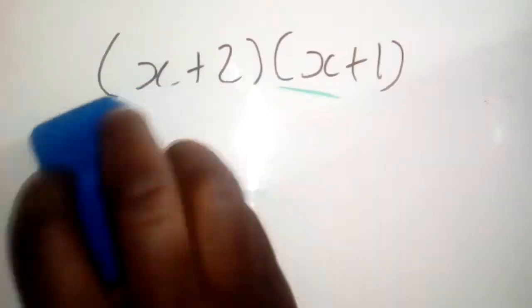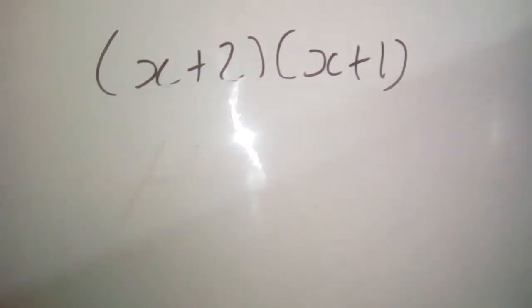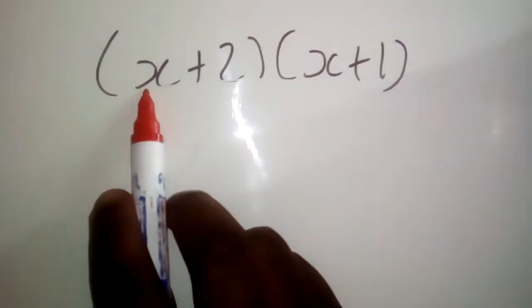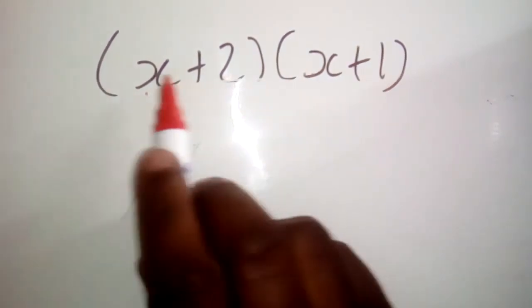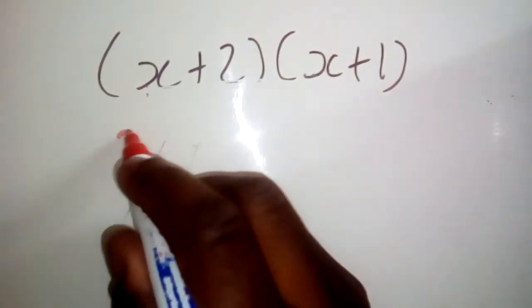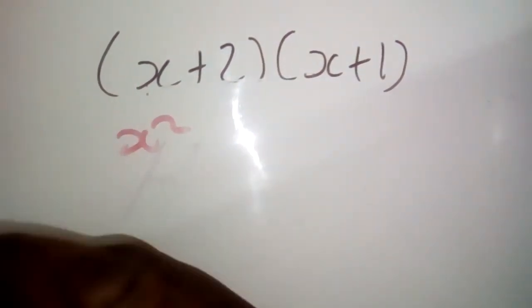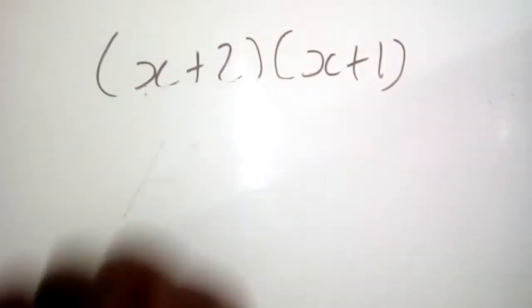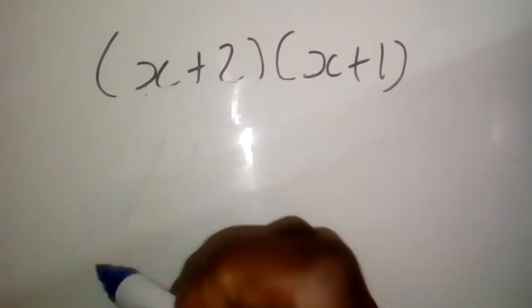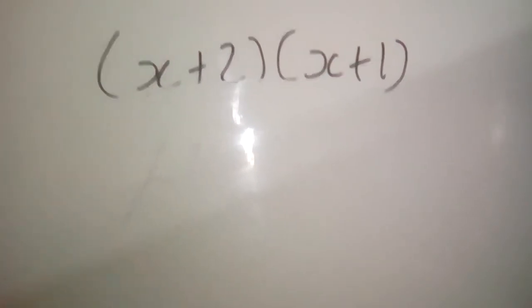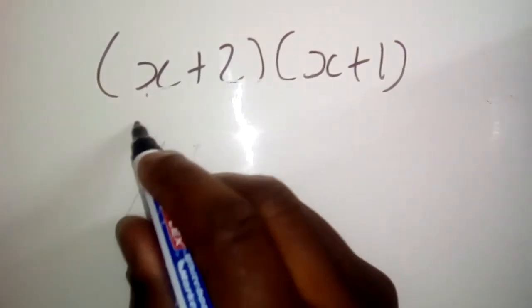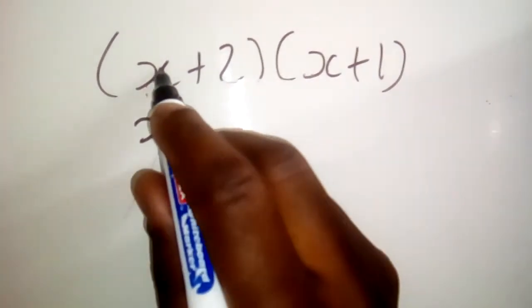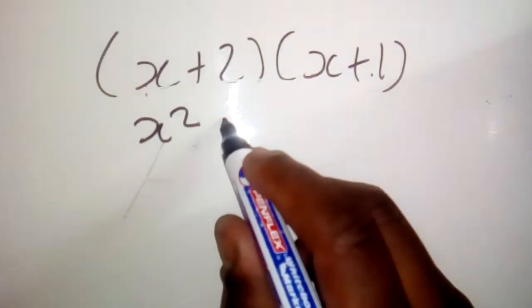So let's apply that rule. Here we're gonna have to take x and multiply by everything in that bracket first. So x times x is x squared. Then we're gonna say x times 1, which is x.